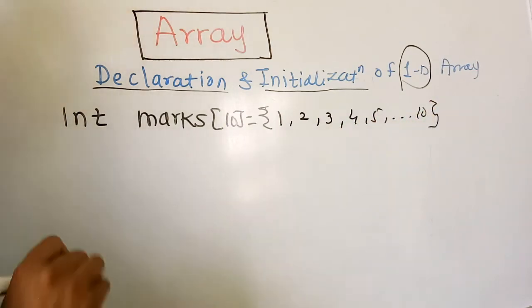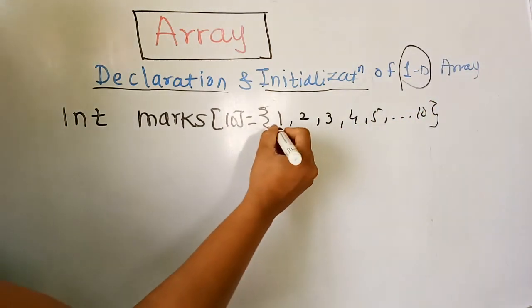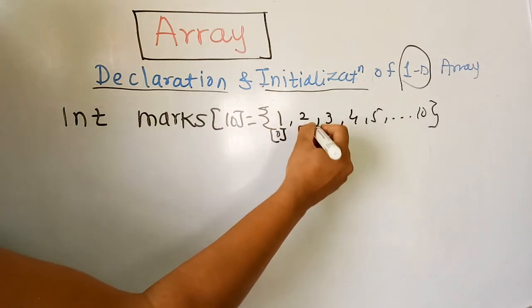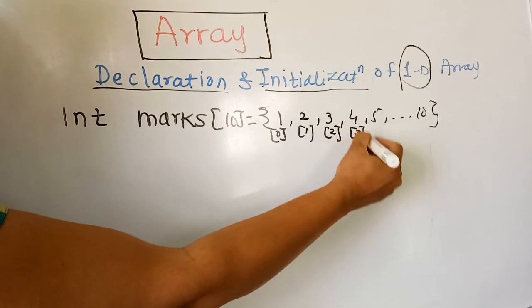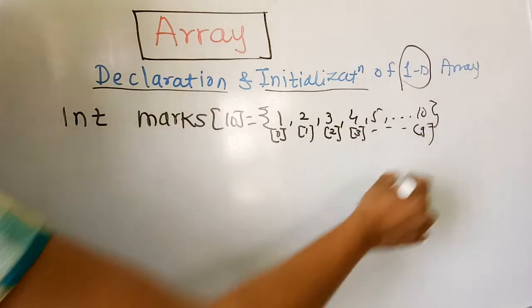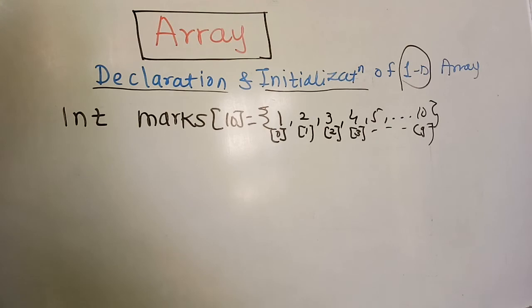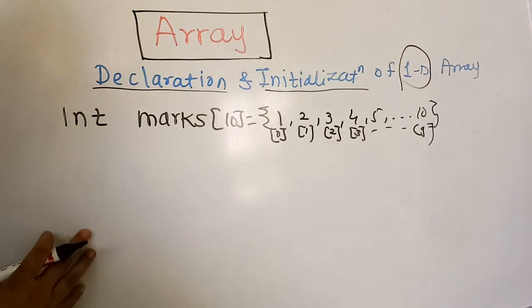These are the different marks of the 10 students. This is the mark at the 0th position, this is the first student's marks, second student's marks, third student's marks, fourth student's marks, up to the 10th student's marks. You can specify it like this also.